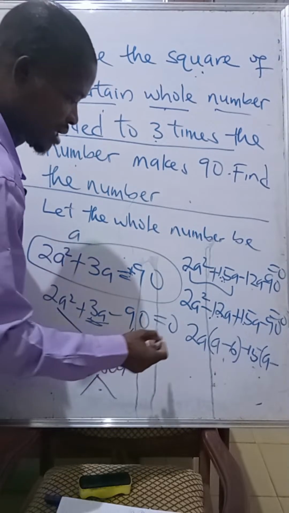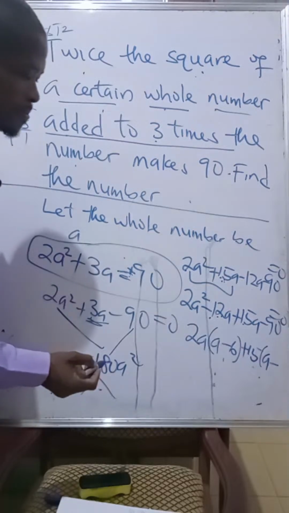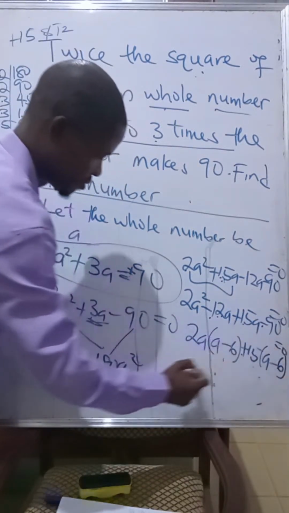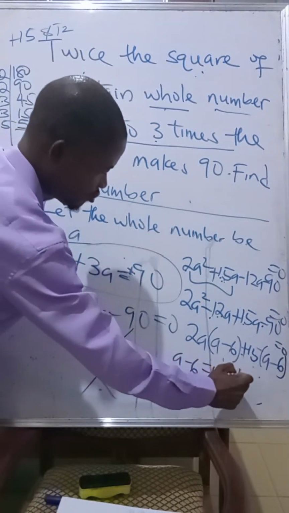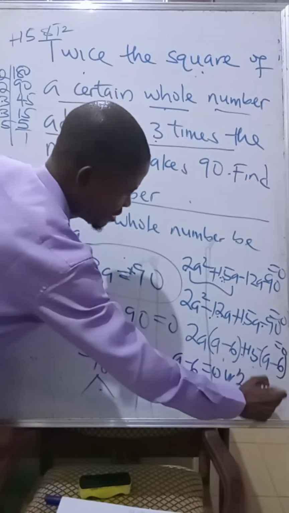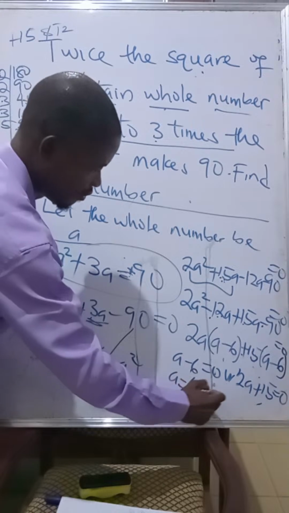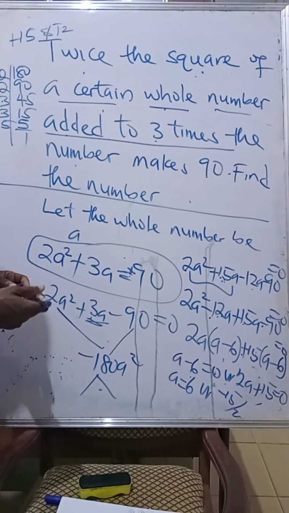So we have a plus 15 outside, and then plus times minus, that's minus 6 also, equal to 0. So we have a minus 6 equal to 0, or 2a plus 15 equal to 0. So a is equal to 6 or minus 15 over 2. So that's what we have in that case.